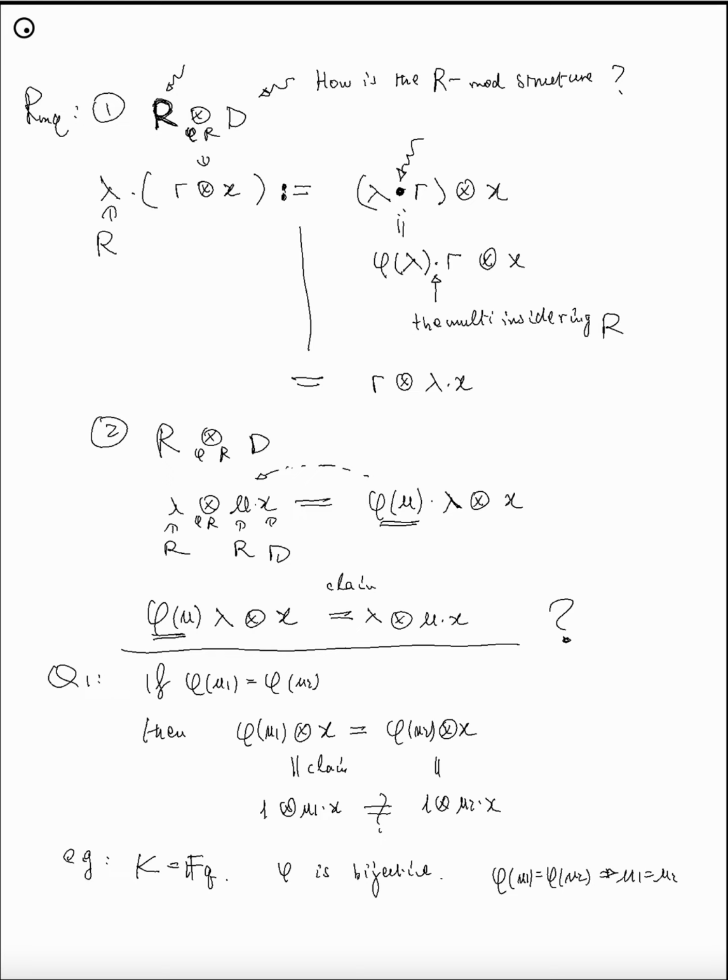Let me think about it for a while. This implies that mu1 minus mu2 is in the kernel of phi, right?